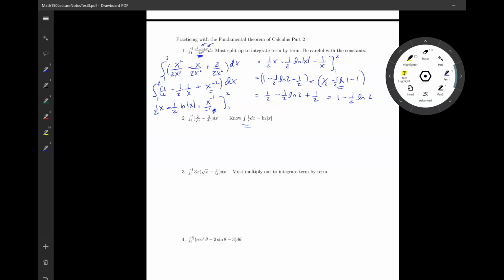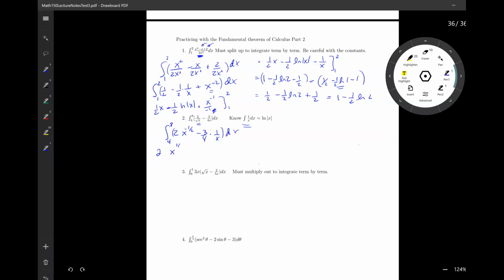All right, this one here, I want to rewrite this so that I have the x's in the numerator as x to the negative 1/2. And then this 3/4, I'm just going to leave that x in the denominator because I know that's ln of x coming up.